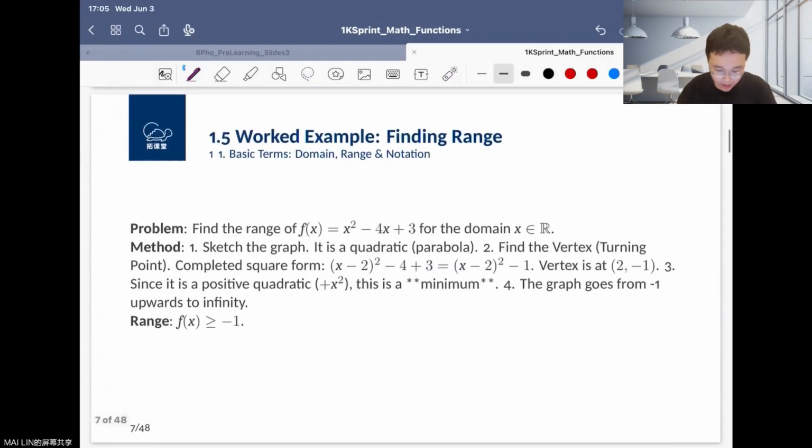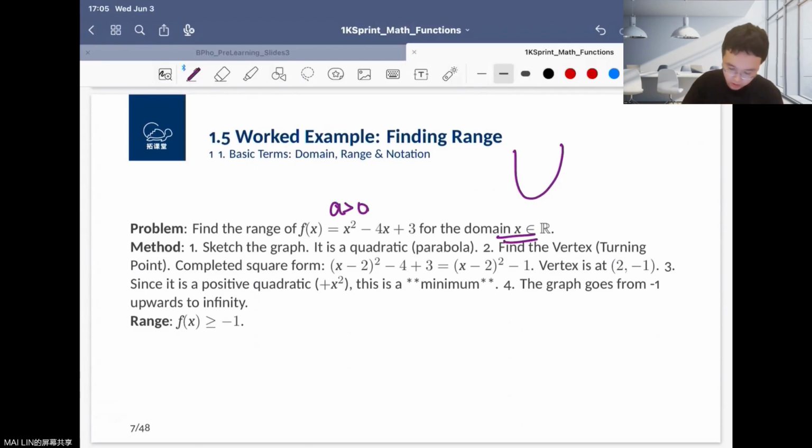For example, the problem is to find the range of f(x) equals x squared minus 4x plus 3 for the domain of all real x, okay? We already know that the graph is a U-shape, because a is bigger than 0. And the domain here is x in the reals, so we can choose any values of x.